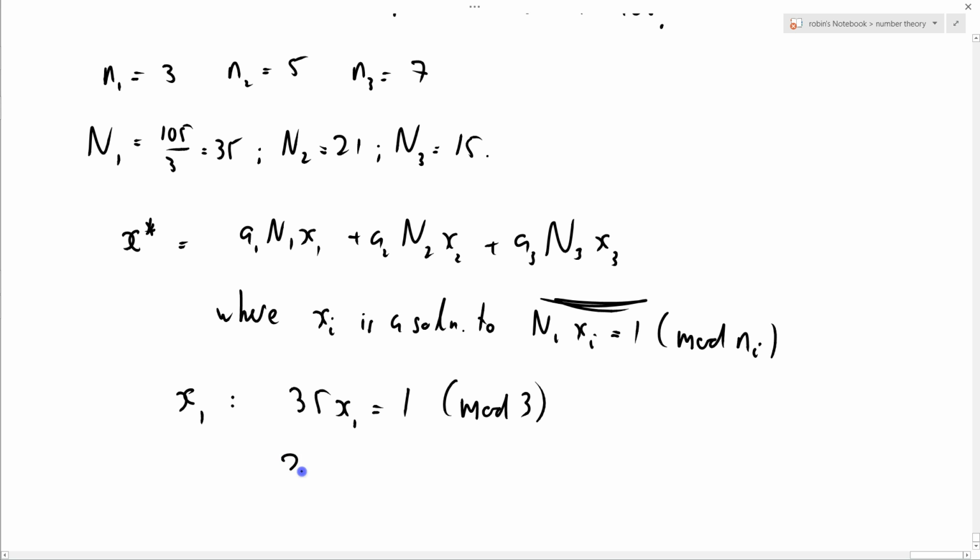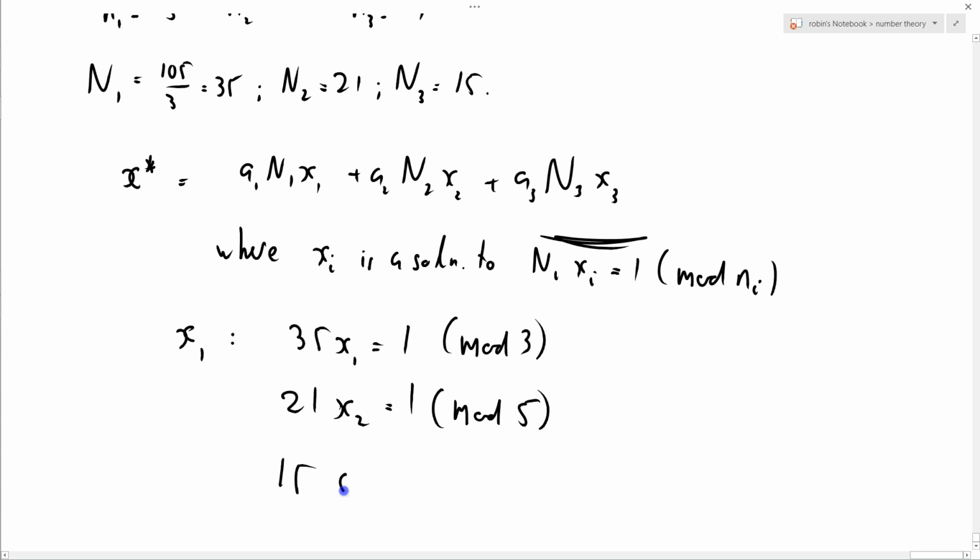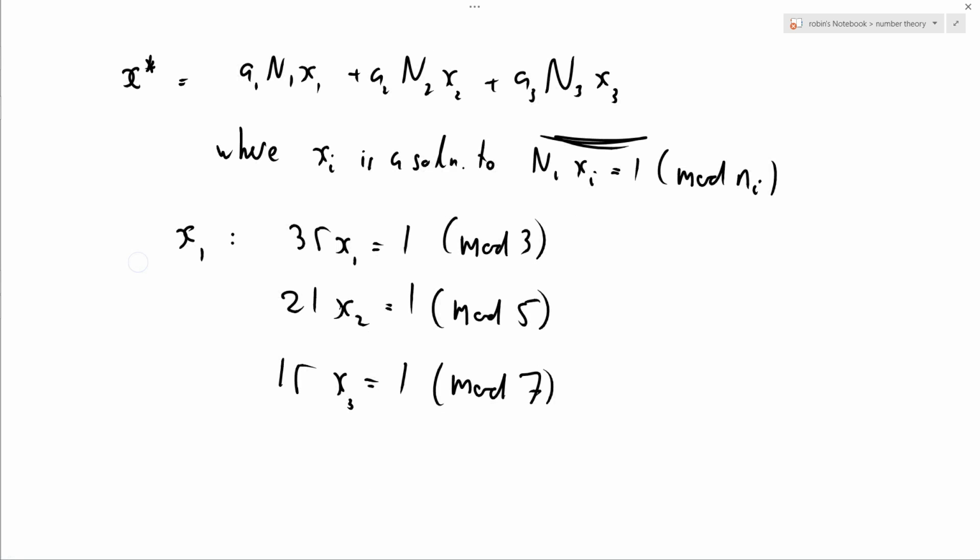The second equation is 21x2 equals 1 modulo 5. And the last one is 15x3 equals 1 modulo 7. There it is. Well, let's find these.